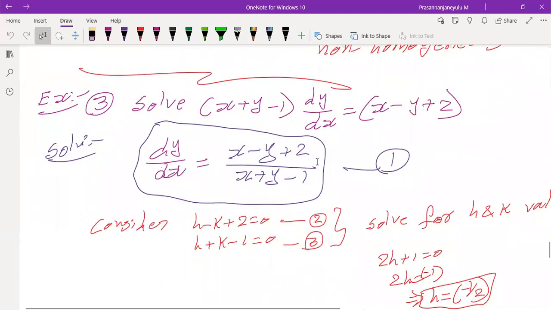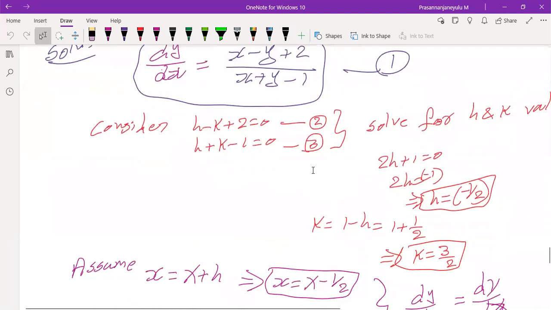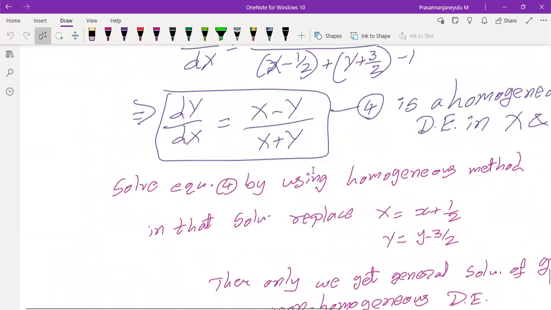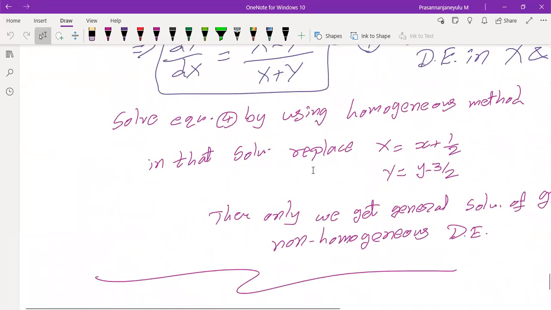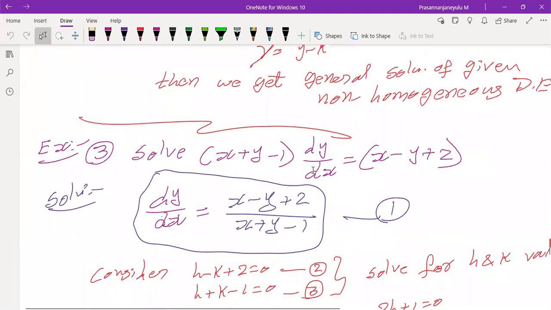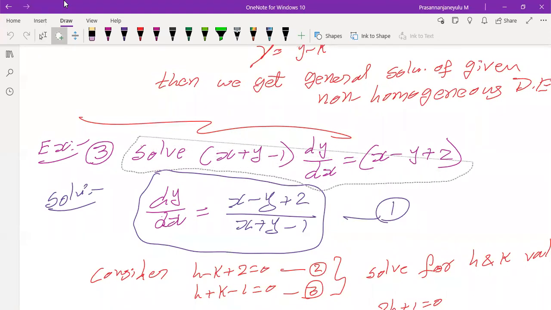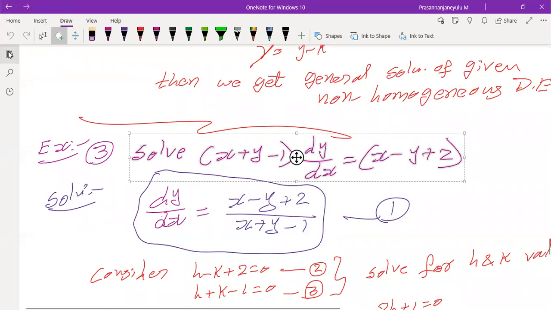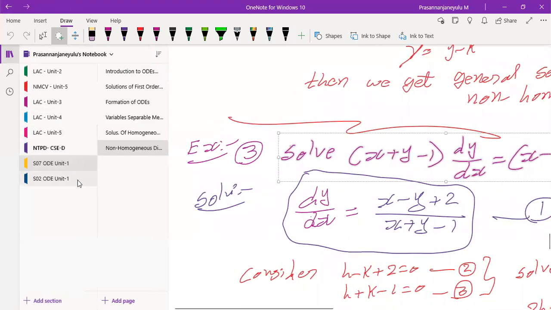How did we solve this problem? Using non-homogeneous type 3, yes or no? So there is a lot of procedure, but I'm solving the same problem using our exact differential equation. If it is applicable, I'm going to check it. If it is applicable, then only I'll solve it. Okay, clear?